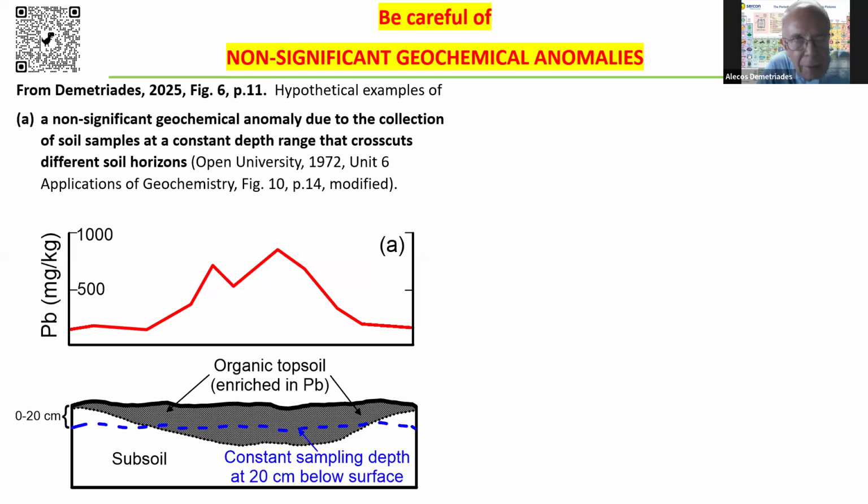For example, here we have a non-significant geochemical anomaly because this fellow has sampled at a constant depth. And as you all know, lead is enriched in organic soil, so we have an anomaly.